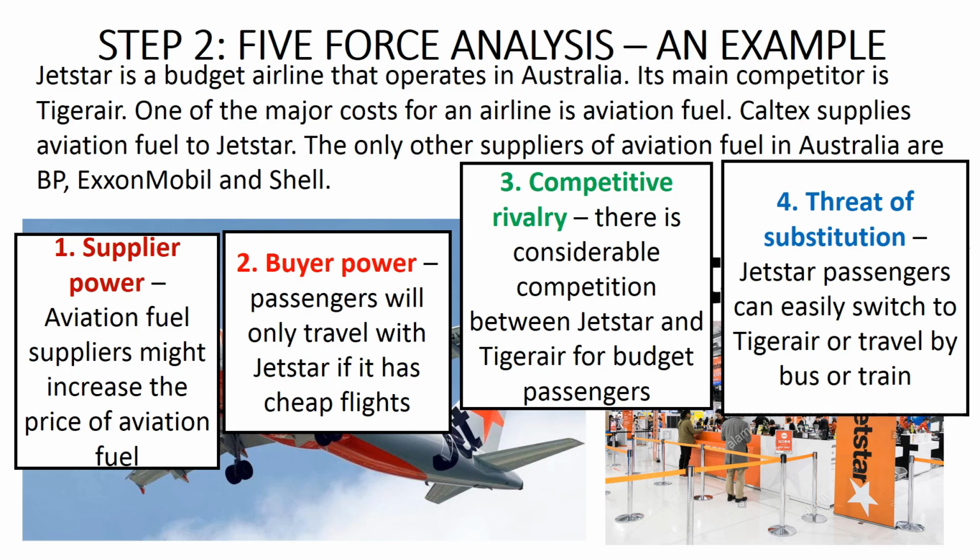Alternatively, because we're talking about airlines operating within Australia, it's quite possible that a Jetstar passenger, faced with an increase in prices by Jetstar, might choose not to fly at all, but instead to travel interstate by bus or train rather than plane. So again, here is a case where the threat of substitution, either to another airline or to another form of transport, is very high, which means that Jetstar has very low competitive power.